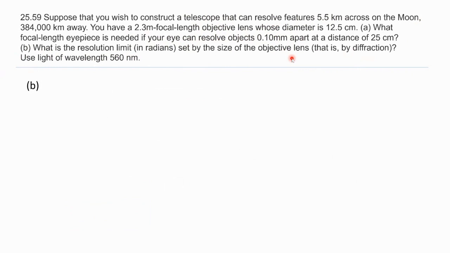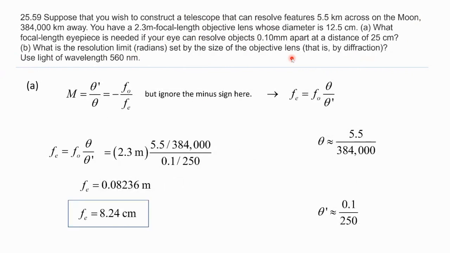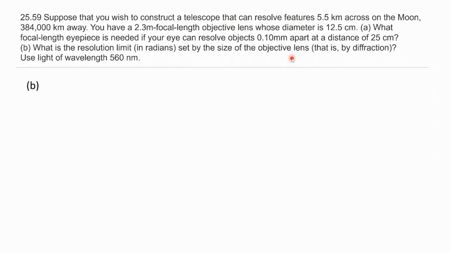Okay, so in part B, we just use the Rayleigh criterion. The wavelength is 560 nanometers. The diameter of the objective lens we're given is 12.5 centimeters, here written in terms of meters.